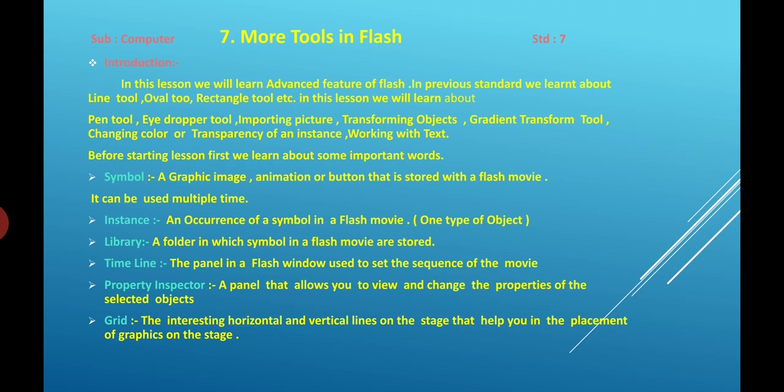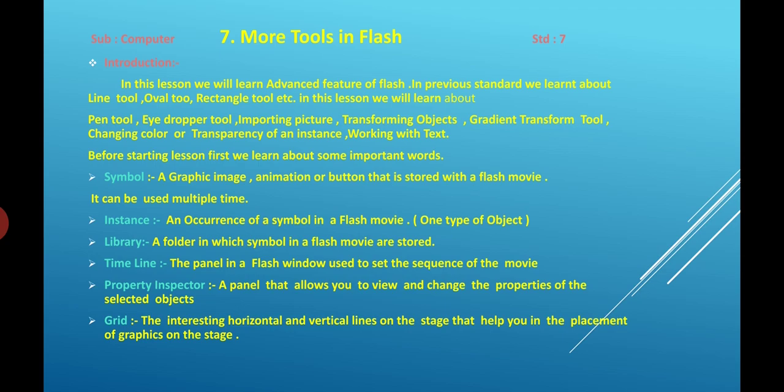Timeline. The panel in a Flash window used to set the sequence of a movie, that is called timeline. Property inspector. A panel that allows you to view and change the properties of selected objects.